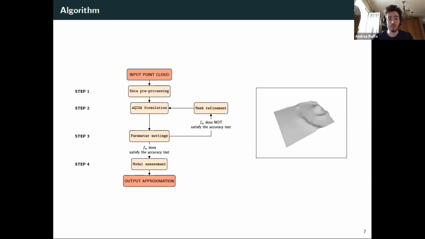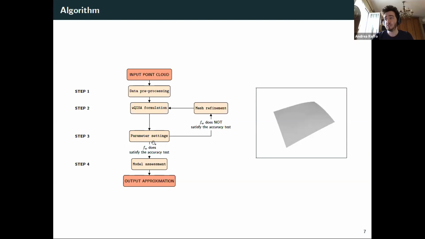But how does the data-driven implementation work in practice? As I said, we have an input point cloud. Let's assume that we are in the data-rich situation. So we first perform a data preprocessing, which means that we split our point cloud into training, validation, and test sets. Then the training set is used as input of the weighted average, while the validation set is used in the parameter setting in order to fix free parameters, such as, for example, the k in the k-NN.